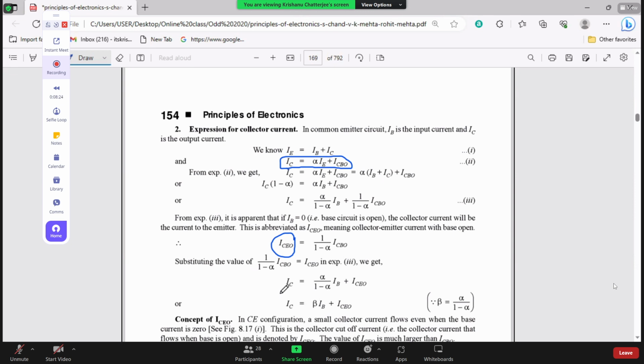So it means IC equals beta IB plus ICEO. This is the expression for collector current in common emitter configuration. Okay, clear?